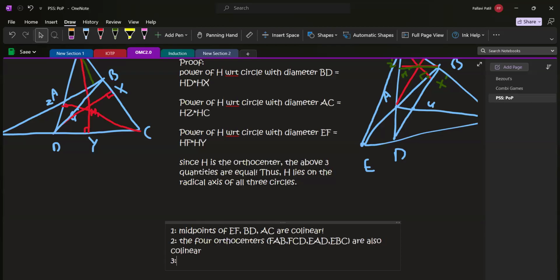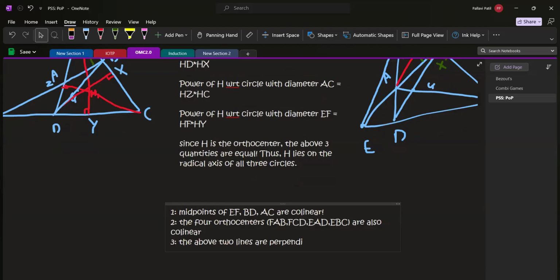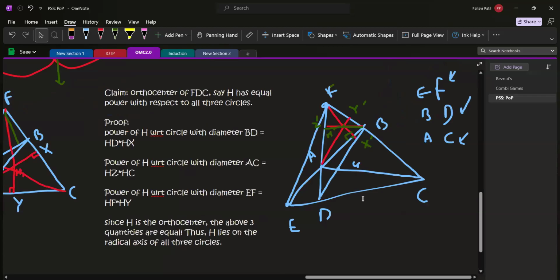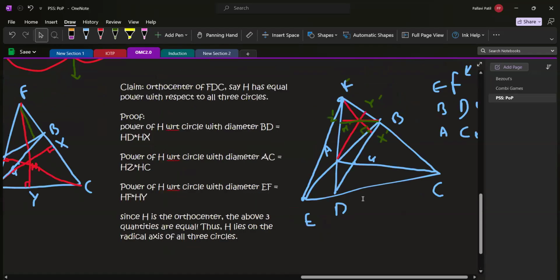And the third fact relating these two lines is that the above two lines are perpendicular to each other. I think this is very cool because it's fairly unexpected. What it's saying is just take any possible quadrilateral, look at these four orthocenters and these midpoints, and they are going to be collinear and perpendicular. That's very cool.